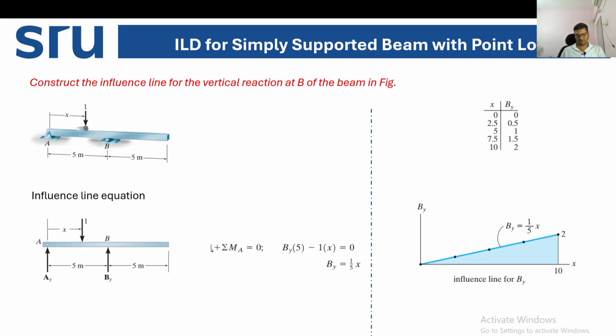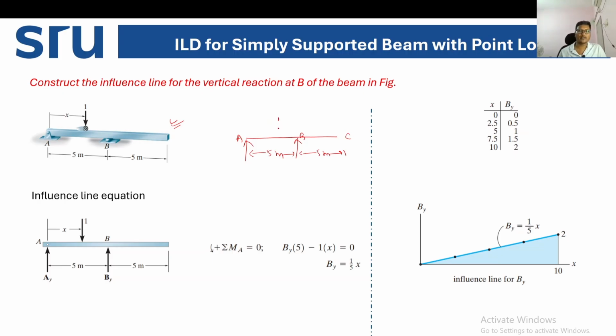Next, we'll see how to construct the influence line for vertical reaction at B. Let us consider this particular example. There is a beam, so this is end A and B. The distance between A and B is 5 meters, and here also 5 meters.